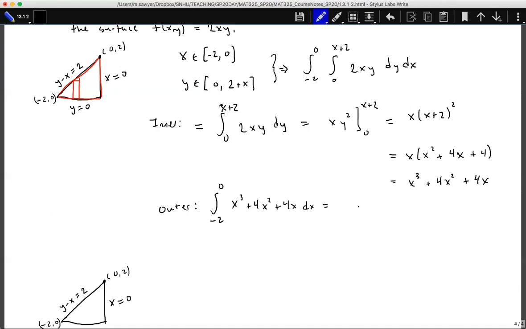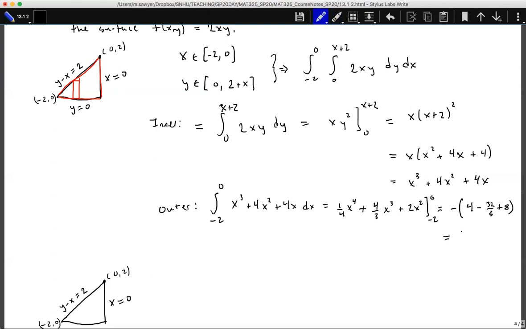dx makes this integral 1/4 x to the 4th plus 4/3 x cubed plus 2x squared evaluated from -2 to 0, which gives us, 2 to the 4th is 16 over 4 is 4, plus, this will be negative quantity 4 minus 2 cubed is 8 times 4 is 32 over 3 plus 2 squared is 4 times 2 is 8.